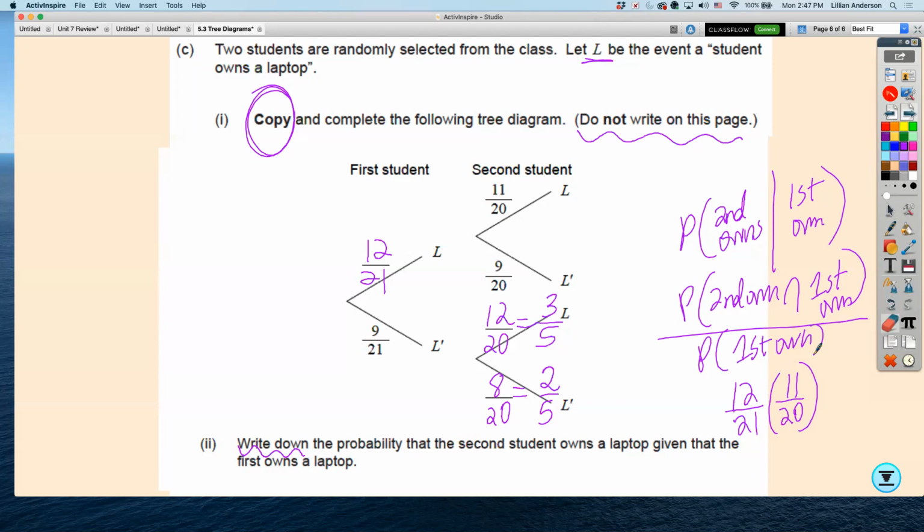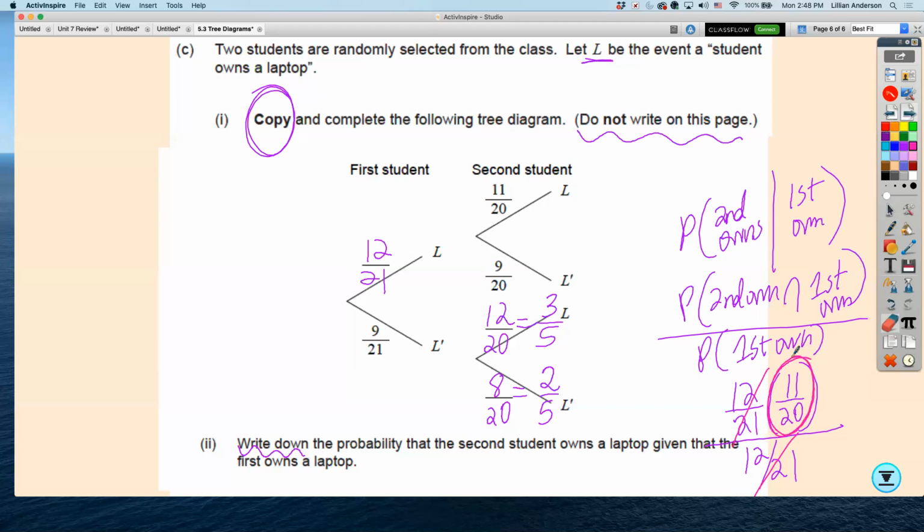So this will be the numerator, but then the denominator would be 12/21 because that's the probability that the first one owns a laptop. And what do you notice between the numerator and the denominator? The 12/21s can cancel because we're multiplying in the numerator. So my final answer is just 11/20.